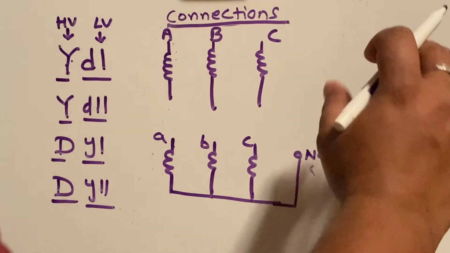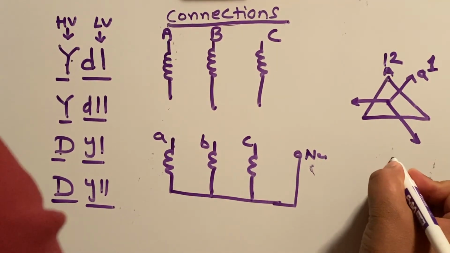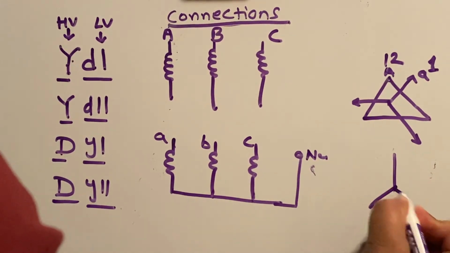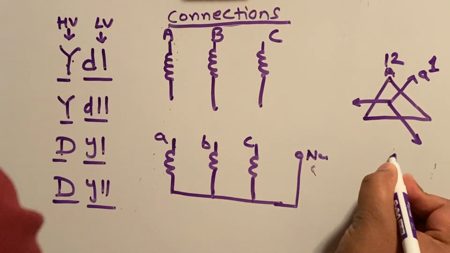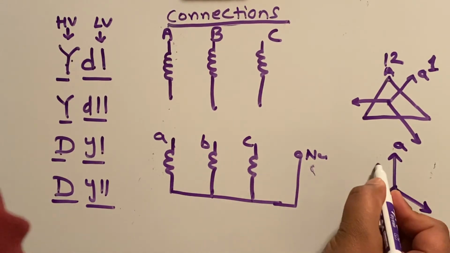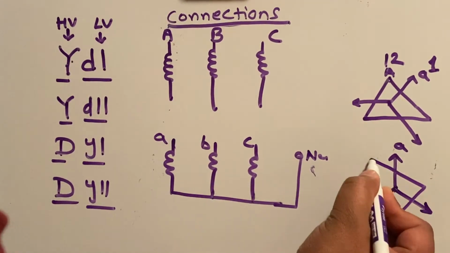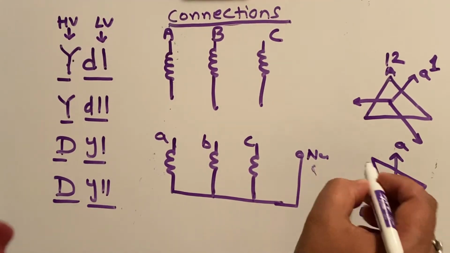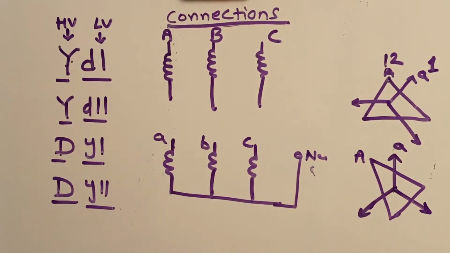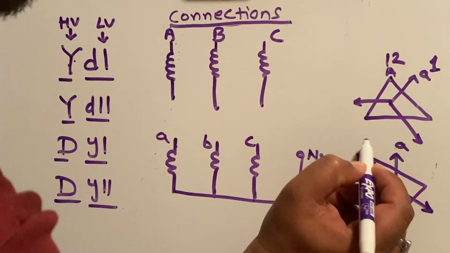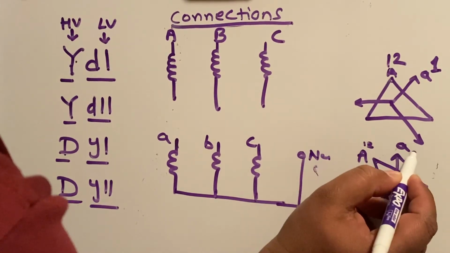So now if I rotate this, I'm going to get a phasor or vector diagram like this. This will be small a and this will be your delta. This is capital A. So again, this is still at 12, this is still at 1.